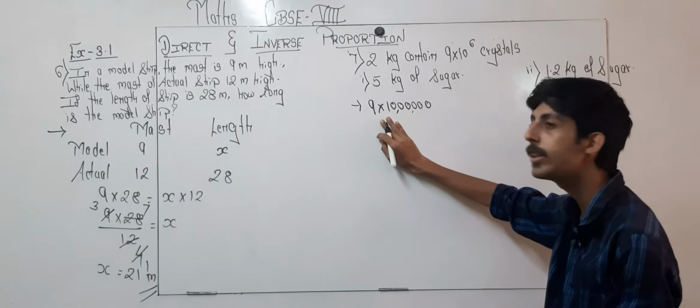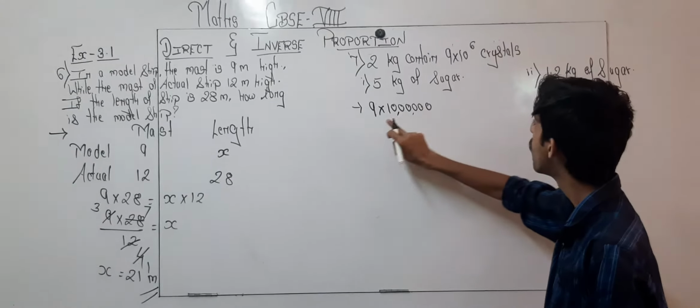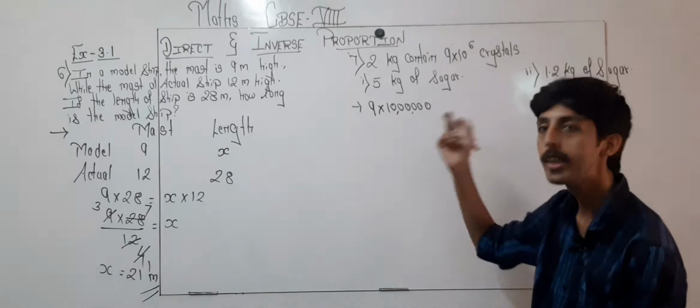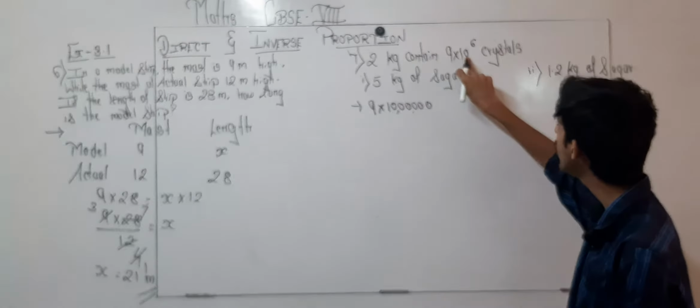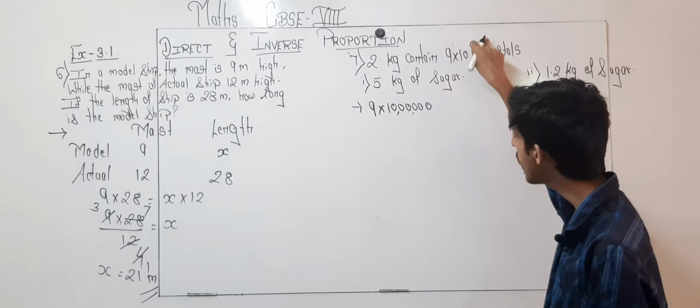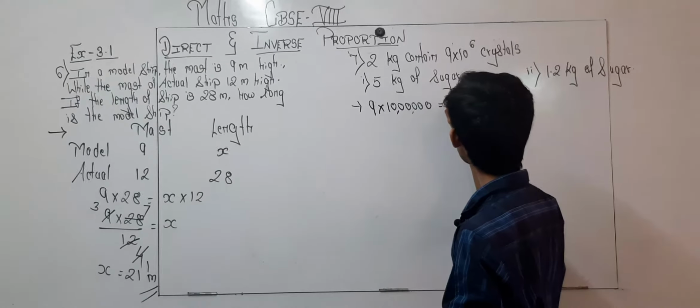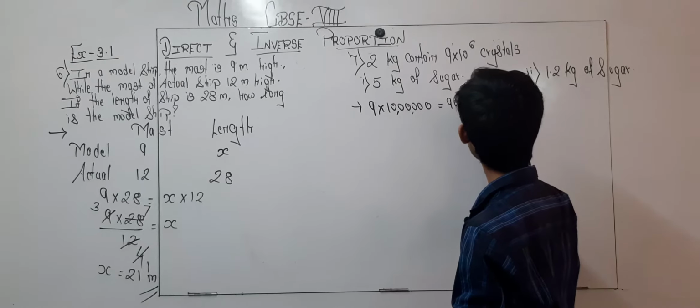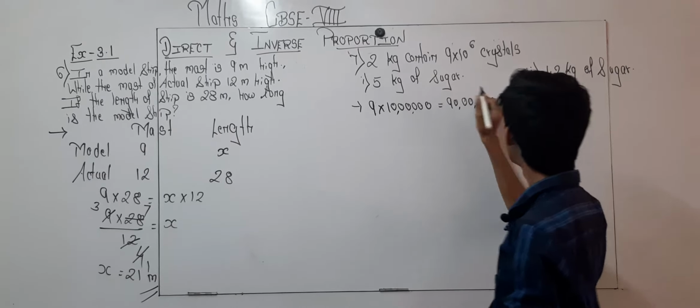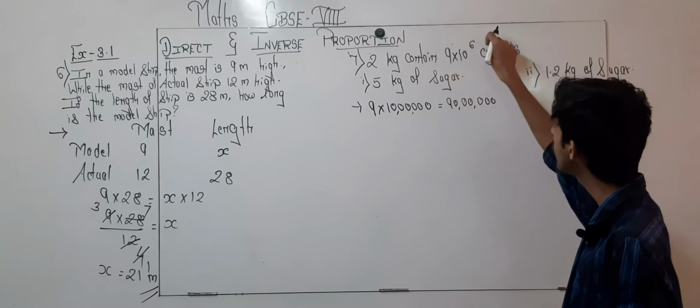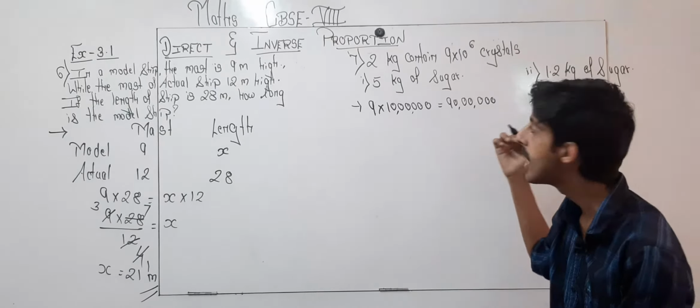We are studying our 7th standard. 10 raised to 6 means how many zeros should be written? 6, not 7. This 0 is also included in the 6. So it is 10 lakh, so it will give me 90 lakh. First clarify this. So 9 into 10 raised to 6 gives me 90 lakhs.